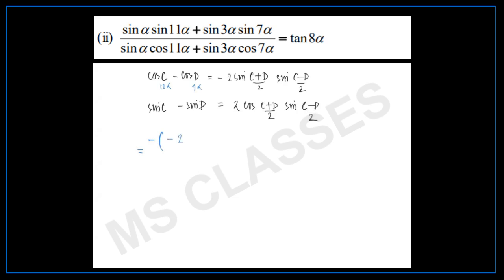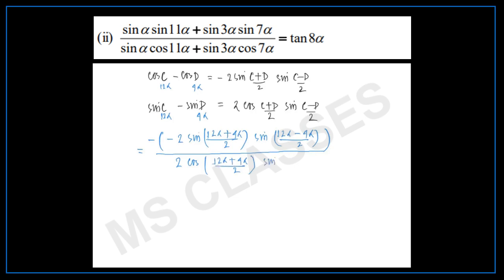So we get 2 sin((12 alpha plus 4 alpha) by 2) into sin((12 alpha minus 4 alpha) by 2), whole divided by 2 cos((12 alpha plus 4 alpha) by 2) into sin((12 alpha minus 4 alpha) by 2).